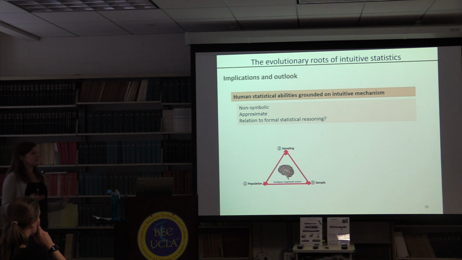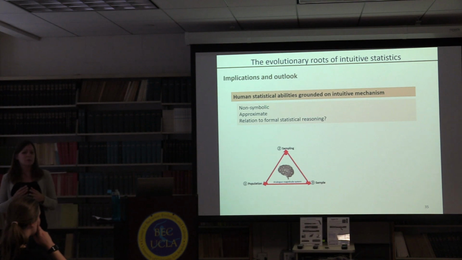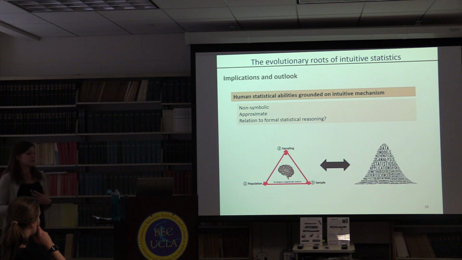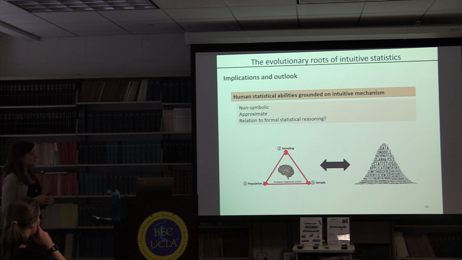So this means that this intuitive mechanism may not necessarily be involved when we are dealing with more explicit symbolic statistical information. So one important question for future research will be to investigate what exactly is the relationship between this intuitive non-symbolic approximate mechanism and more formal symbolic statistical reasoning.